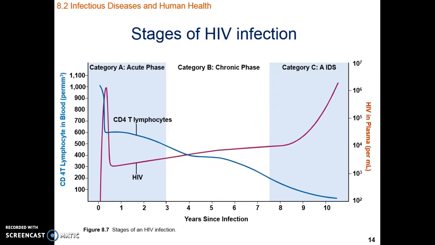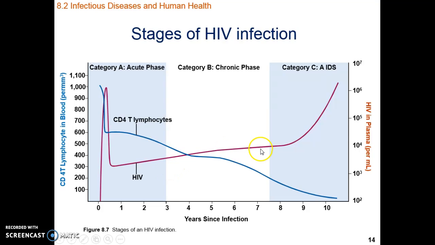And then over time, the first few years, the CD4 count after that initial drop declines a little bit, but stays about the same. HIV amount in blood is relatively constant after that first year. And during this acute phase, a person might just feel a little run down, but not necessarily know that they're sick. In this phase, they may not know that they're sick at all.